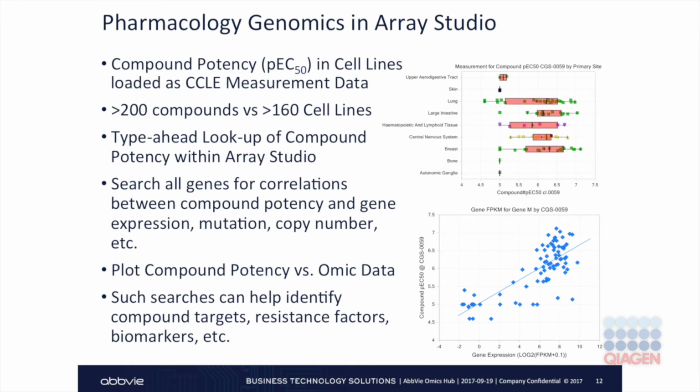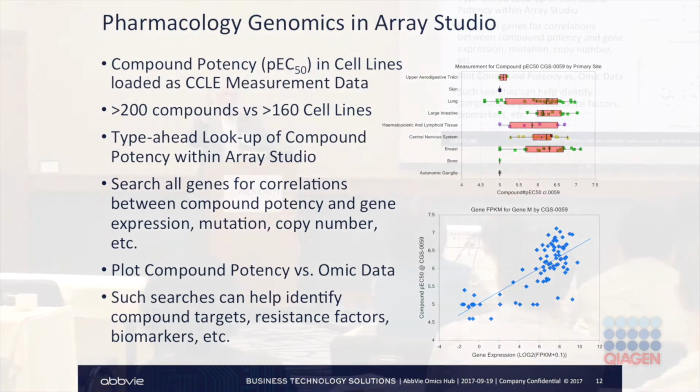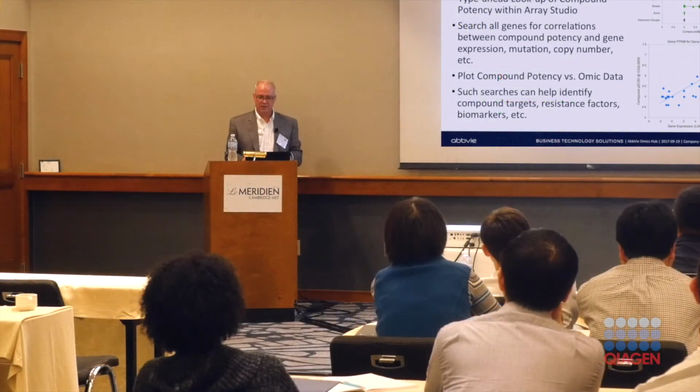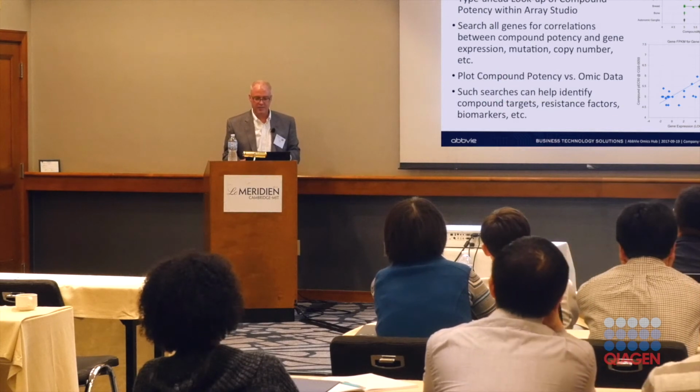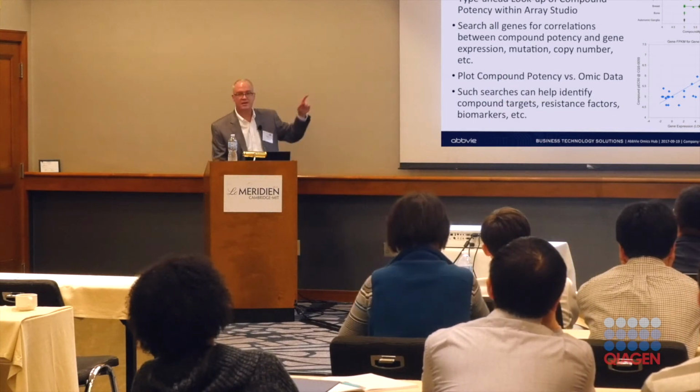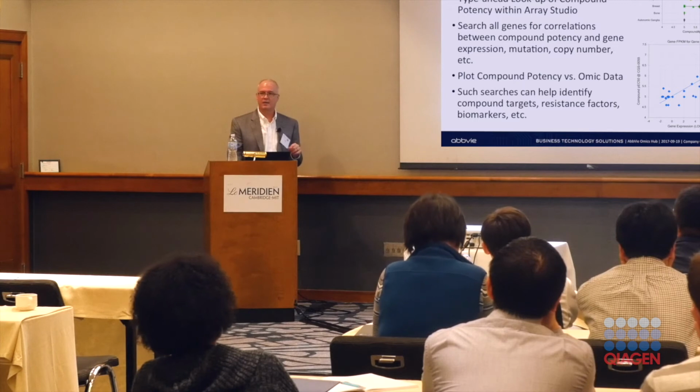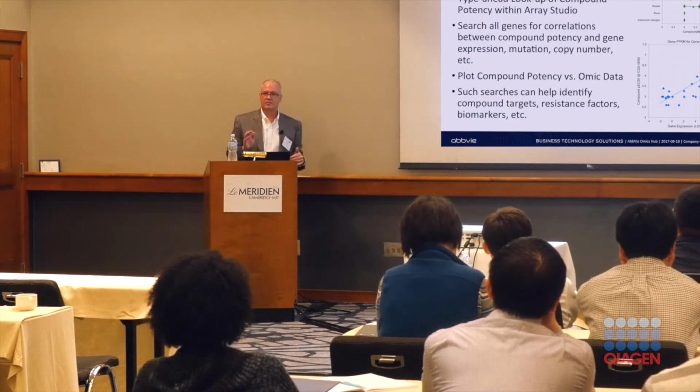So CCLE, for example, we can load these measurements against those cell lines. And because of that, now there's type ahead lookup of compound potency. So you're in CCLE land, rather than typing in a gene and seeing what the gene expression is, you can type in your favorite compound and see the potency of that compound across those cell lines.